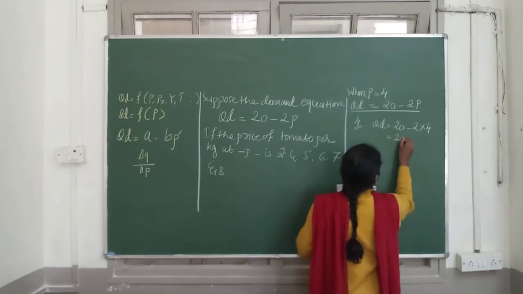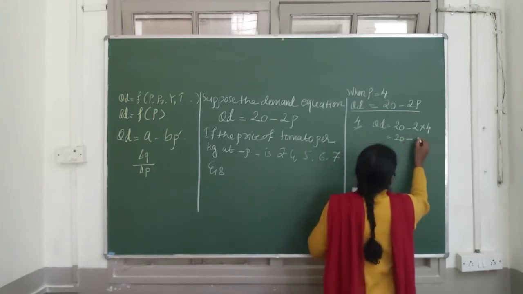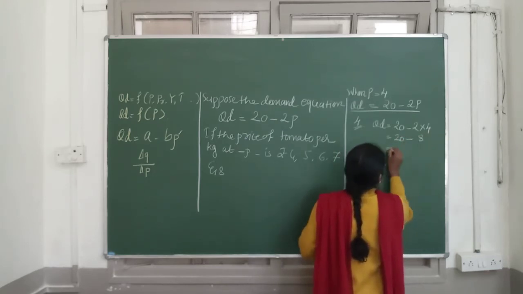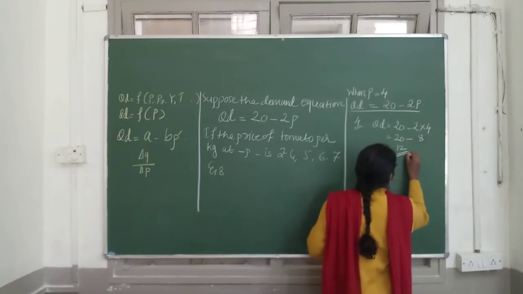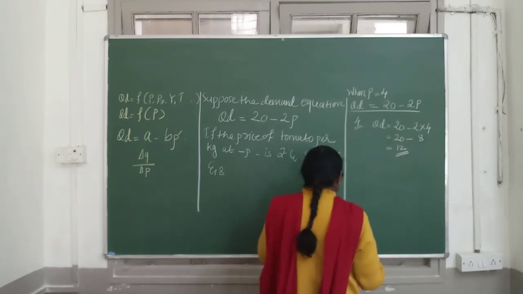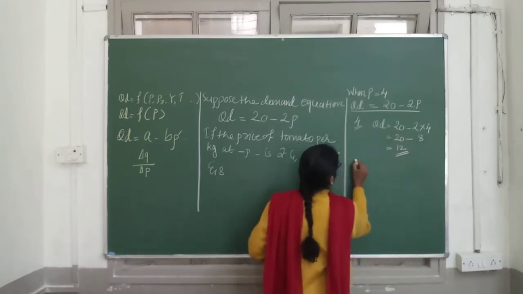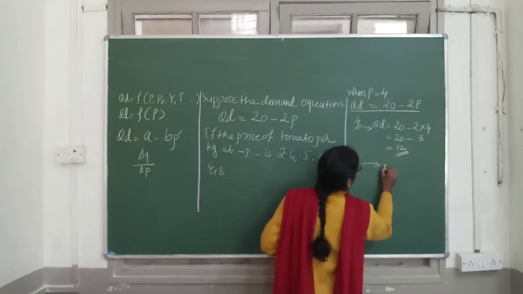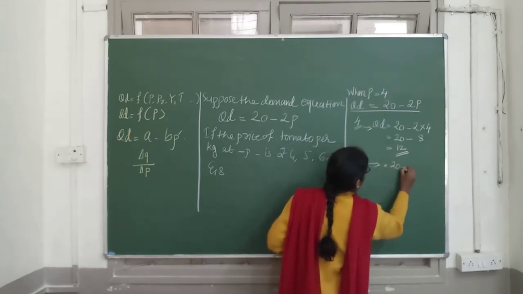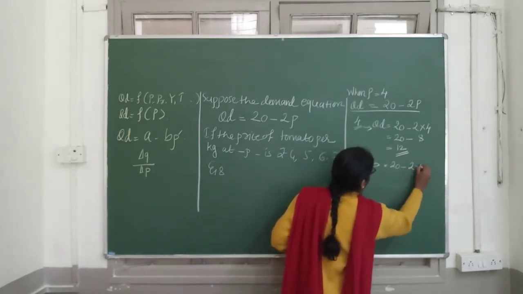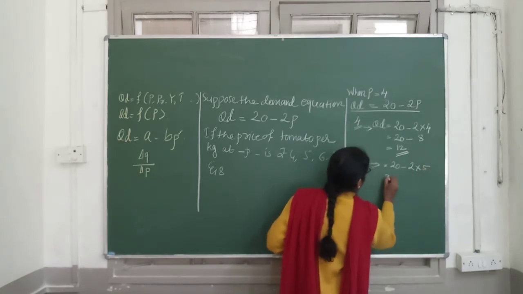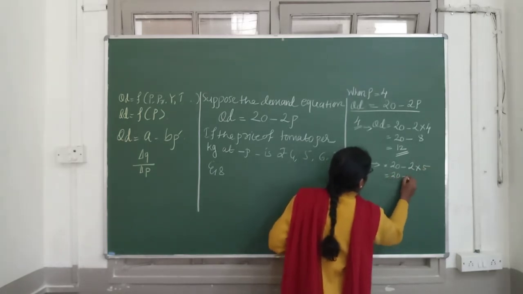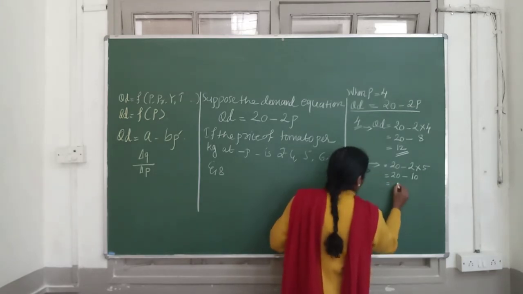So 20 minus 8, that is equal to what? 12. Yes, is it clear? So now see, when it is 5, 20 minus 2 into 5, so 20 minus 10, that is equal to what? 10.